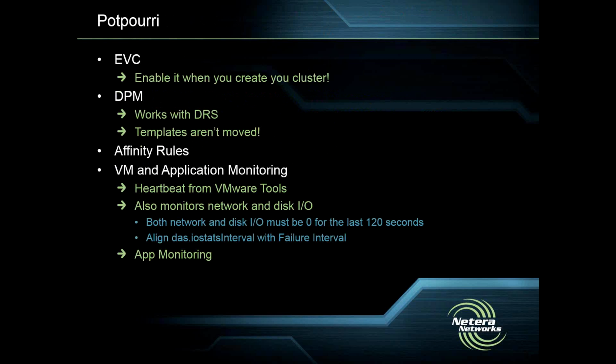Certainly vCenter, and the database that your vCenter runs on. If you don't know where those are, you may just want to create a management cluster so you always know where those VMs are. You don't have to go one ESXi host at a time to try to find particular VMs.